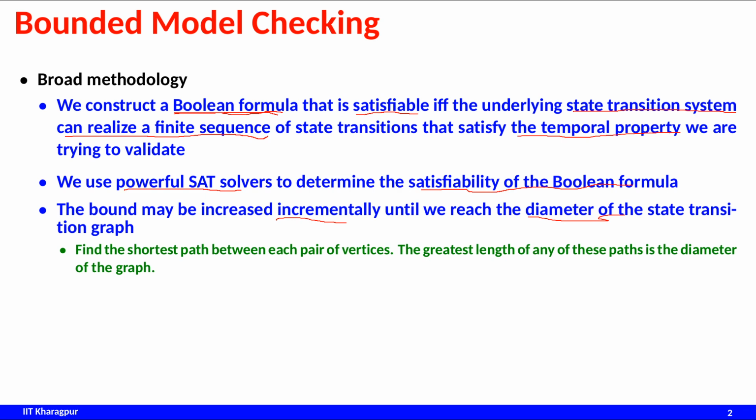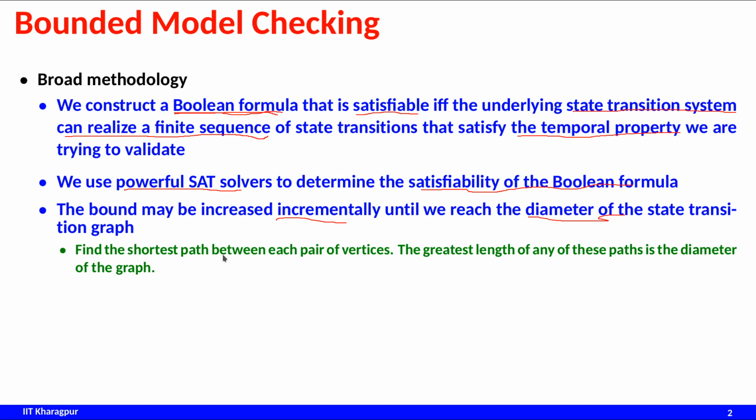Sometimes the state transition system will not be provided explicitly to us, because we need to extract the state transition relation from a given circuit, since finally we are trying to verify some property on a sequential circuit. Therefore we do not have an idea about the diameter of the graph.